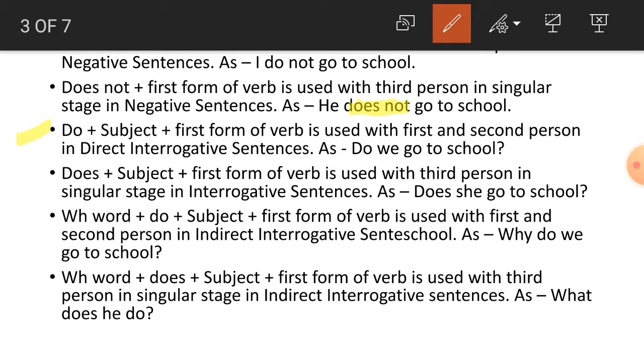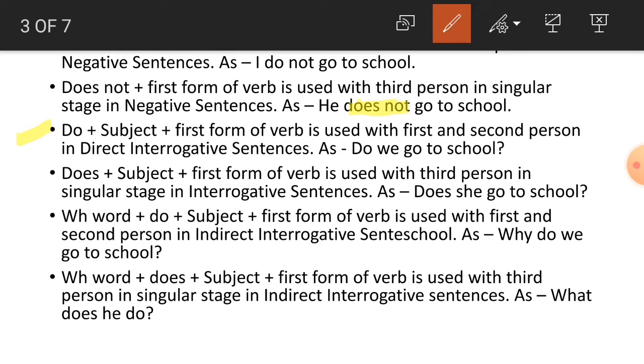There are two helping verbs, do and does. That's why we can place do or does at first in the sentences. In this way, I have given here the example: do we go to school?